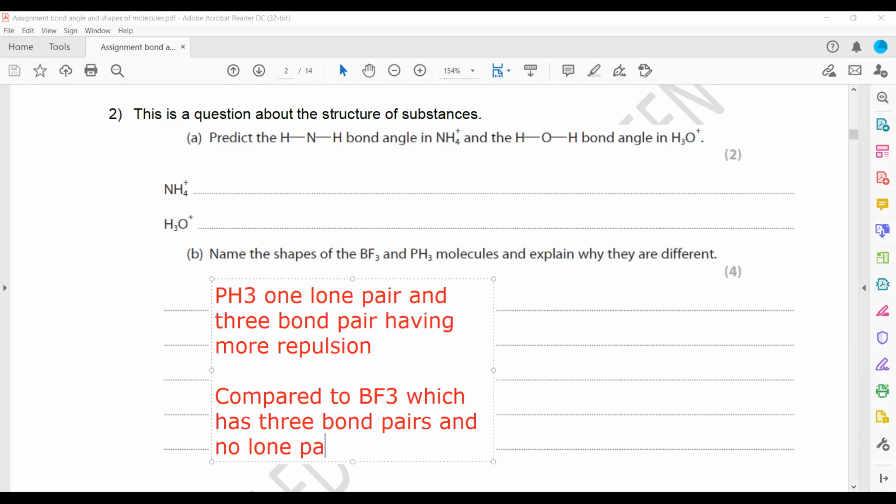Or you can say BF3 will have low electron density as compared to PH3.